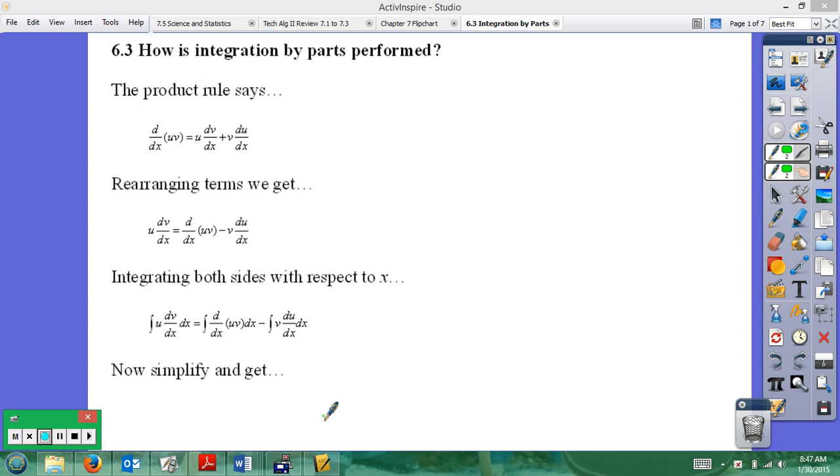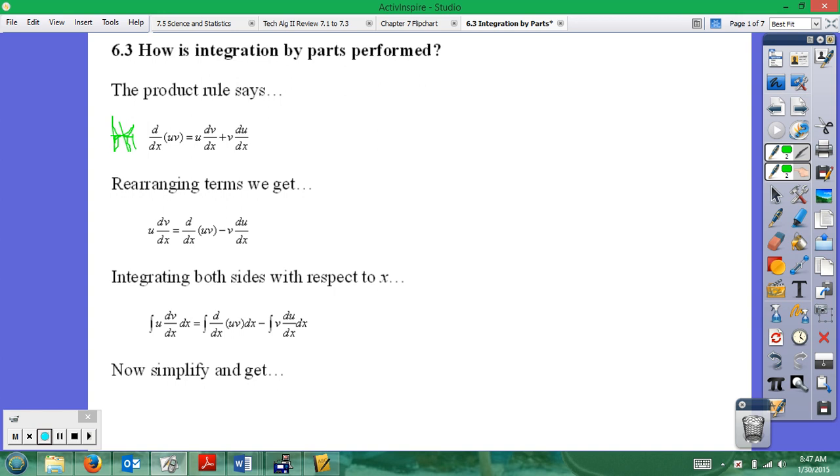At the top there, looking at the product rule for derivatives: if we have the derivative of a product, u times v, it's the first times the derivative of the second, plus the second times the derivative of the first. u dv plus v du, or left d right plus right d left. Now, rearranging: we took the u dv, moved it to the left, took the derivative of uv, pushed it over to the right, and we get this.